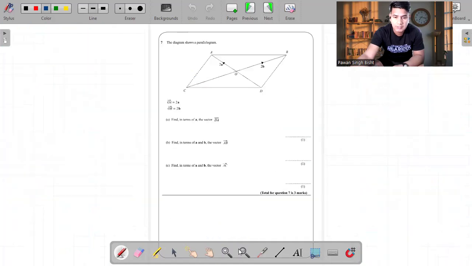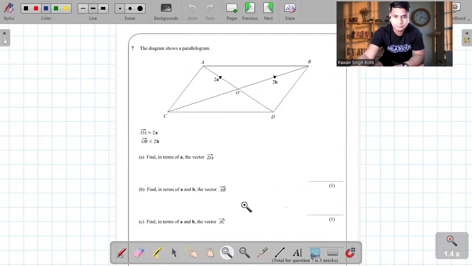Question number 7. Again, as you can see, OA is given as 2A. We have to find DA. Now we know that the diagonals of a parallelogram bisect each other. So if OA is 2A, then DO is also 2A.